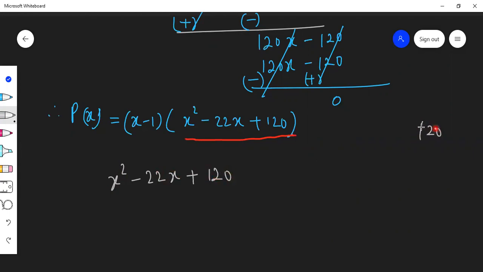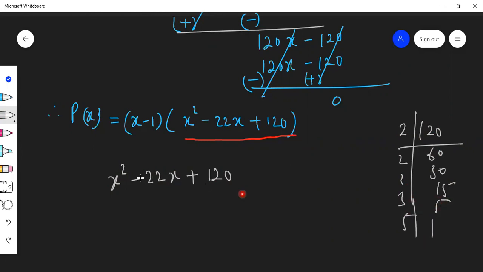Again, we will take the factors of 120, which we have already done before: 2, 60, 2, 30, 2, 15, 3, 5, 5, 1. And see, adding you want minus 22, multiplying you want 120. So 10 and 12, right? So this is how you will split the middle term: x squared minus 10x minus 12x plus 120.